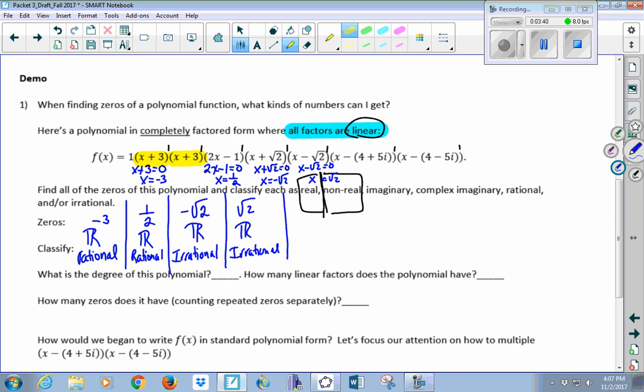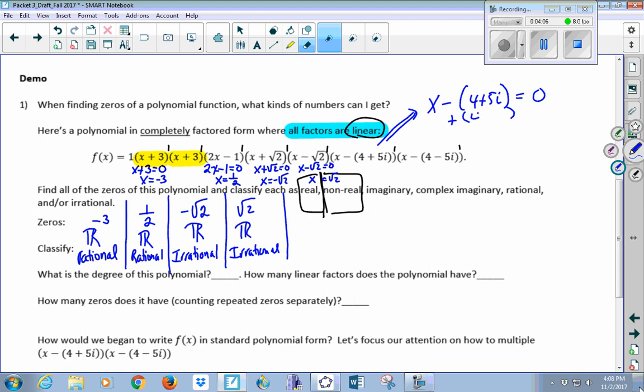Now my next one looks a little different than what I'm normally used to seeing. This is what we call a complex imaginary zero, 4 plus 5i. So let's see how we would find the zero. Maybe you've already guessed. To solve for x, I add this thing to both sides, 4 plus 5i.